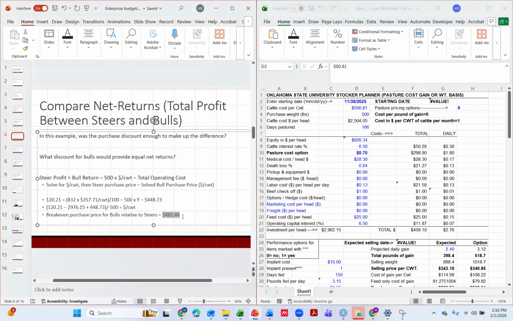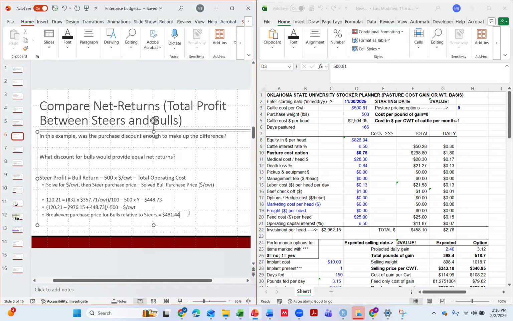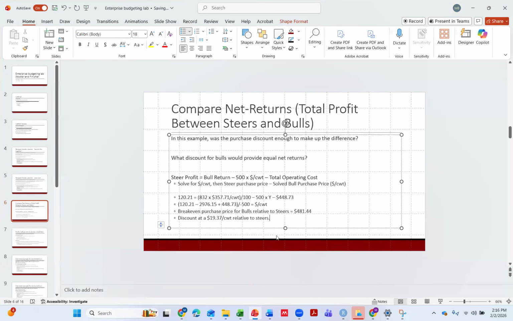We would have needed to purchase those bulls at a $19.37 per hundredweight discount relative to steers to break even. Does everybody follow that?